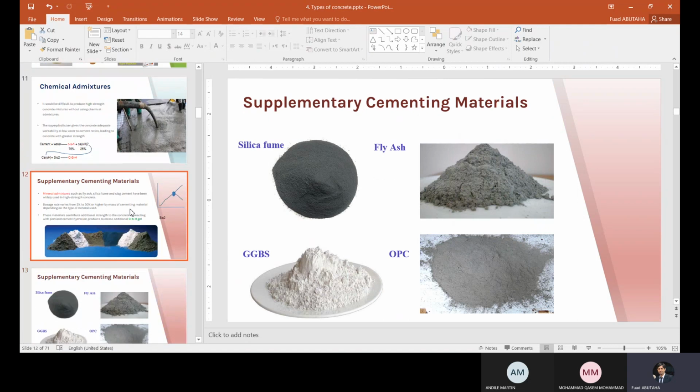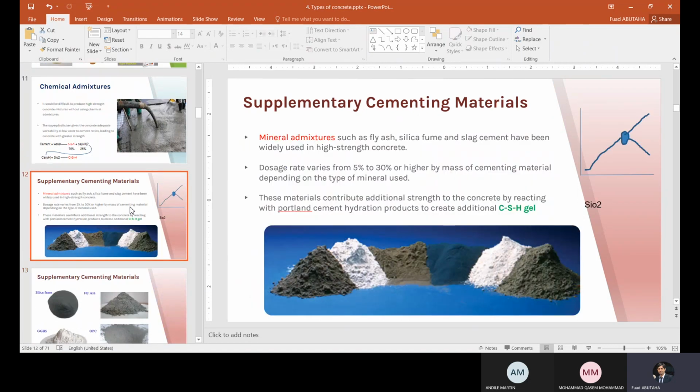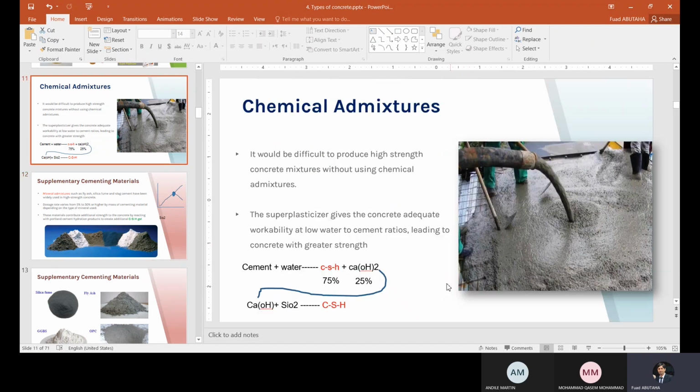and they have another way of contribution to the strength, which is the particle size. Let's say silica fume: how can silica fume, this type of mineral admixture, contribute to the strength of concrete? The first contribution comes from the chemical reaction.